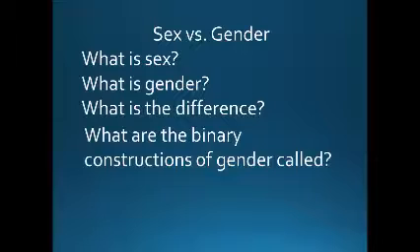And gender is maybe even more complicated than that, because gender has to do with the things that culture layers onto male and female. What does it mean to be male within this culture? What does it mean to be female within this culture? And we call those constructions masculinity and femininity, right?